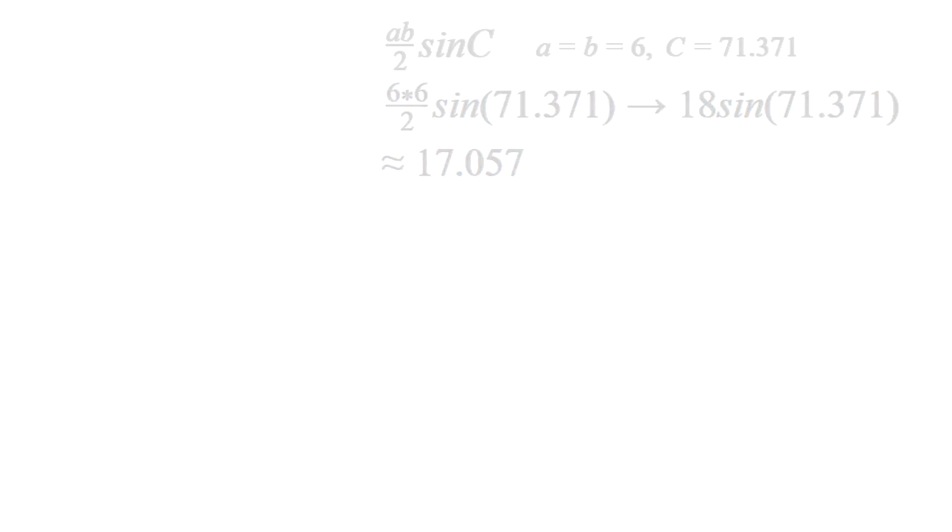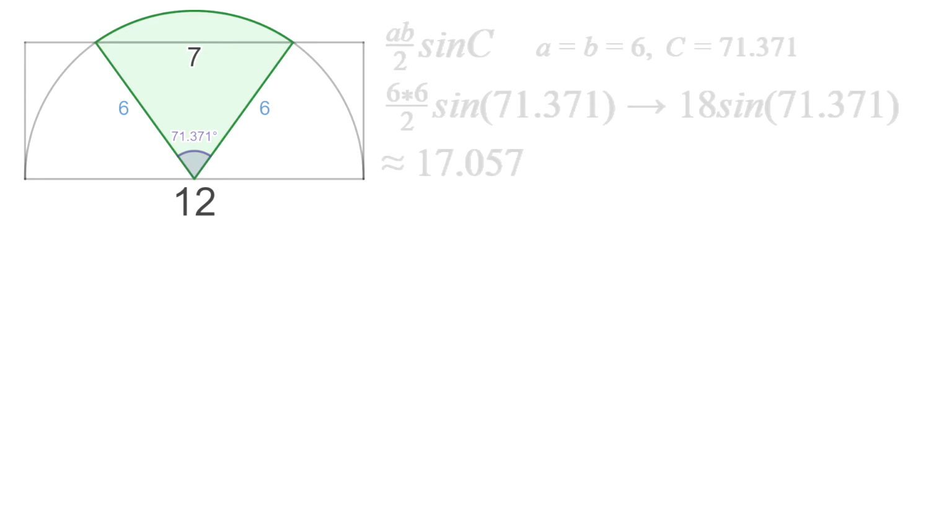Next up, we have the arc, where its area is given by pi r squared times theta over 360, where r is the radius 6 and theta is the same as the triangle's, 71.371. Plugging them in gives us 36 pi times 71.371 over 360.